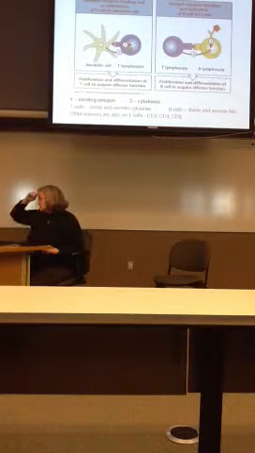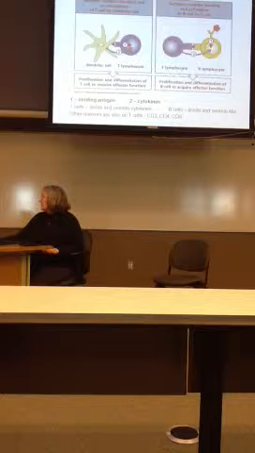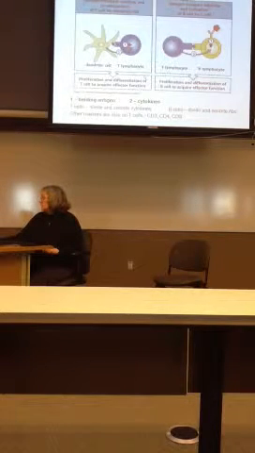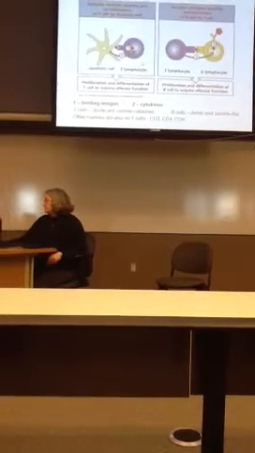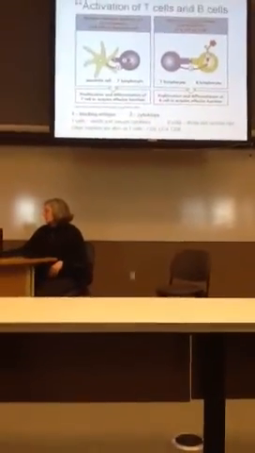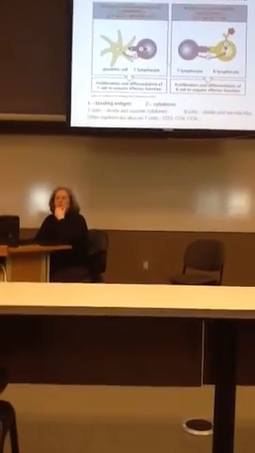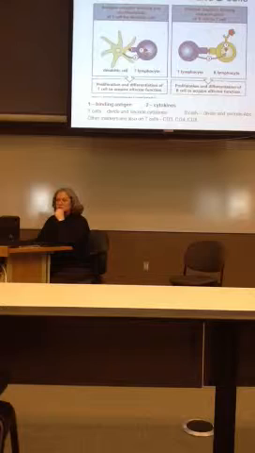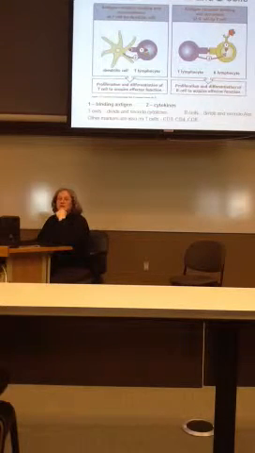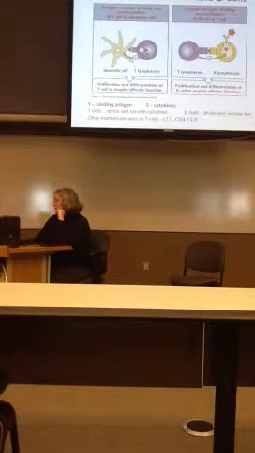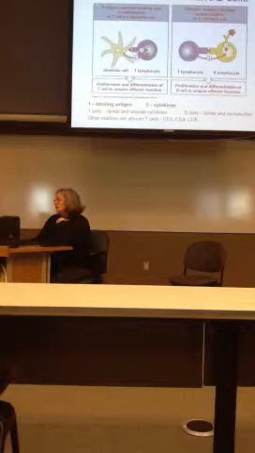Okay, this shows T cell activation and B cell activation. This is something we're gonna go through several lectures with this information. And I'm sorry, this is gonna be tedious stuff, but just by way of introduction, here's a T cell. It's being presented antigen by this dendritic cell.